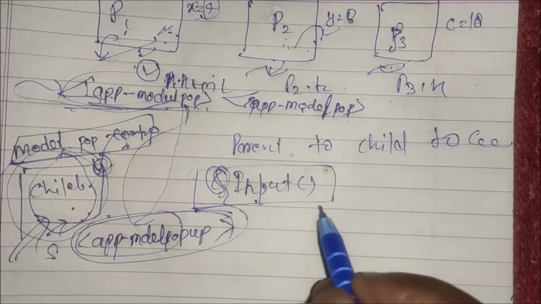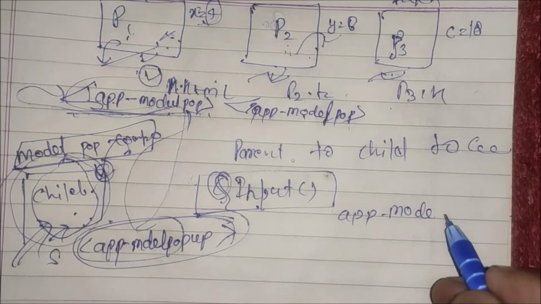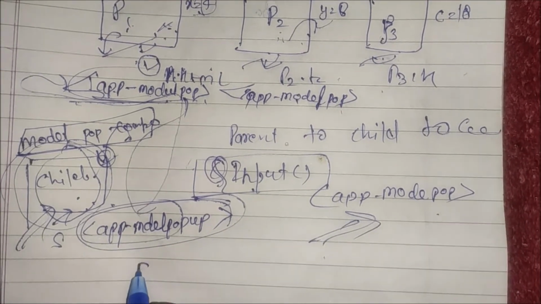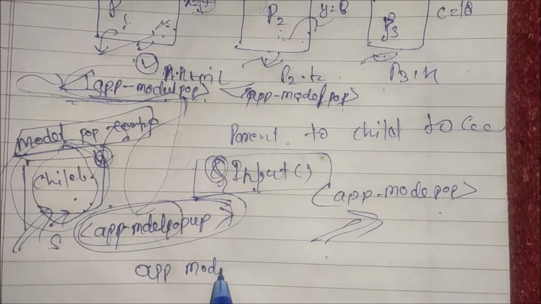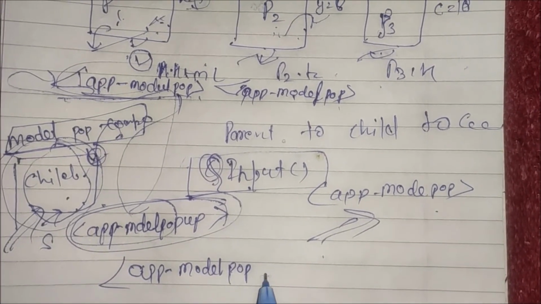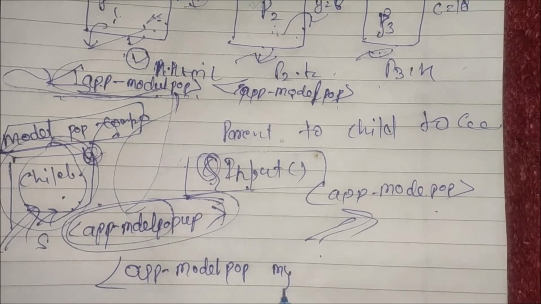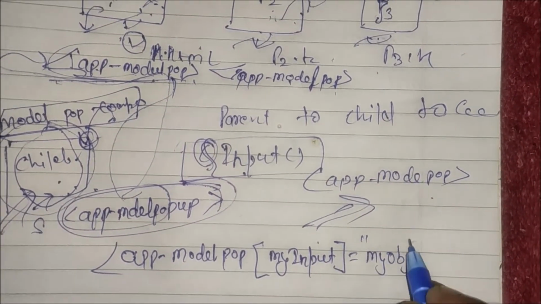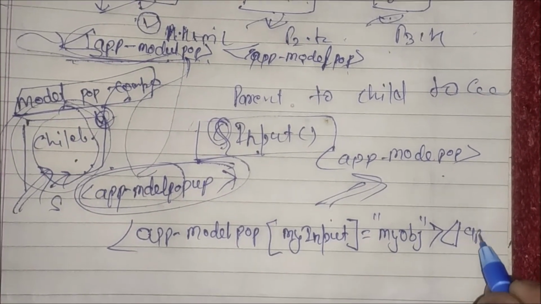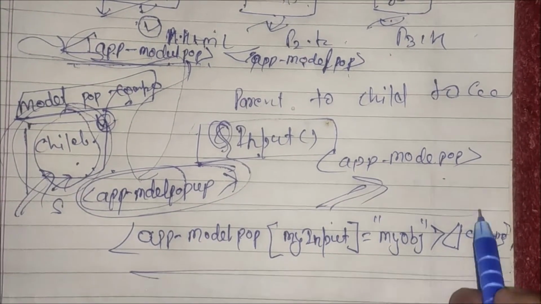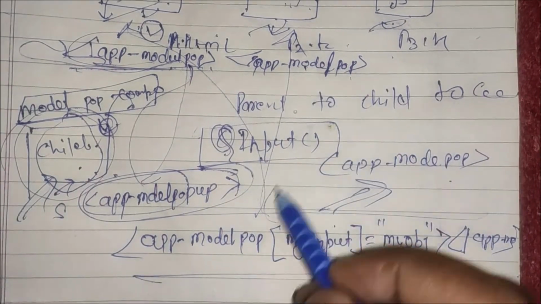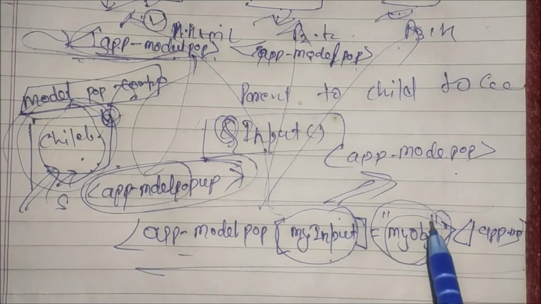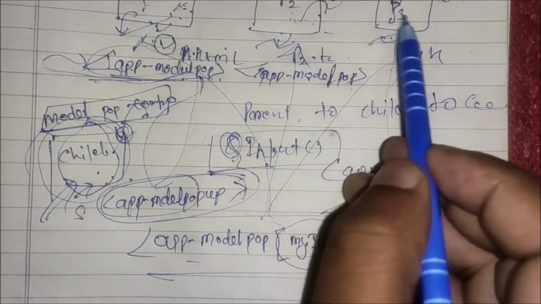When I call this HTML from P1, and similarly P2 and P3, the pop-up HTML is called automatically. And in app-model-pop-up we use a dynamic value like that. You can see here app-model-pop-up, and we set the value with my input in this format, equal to the set value, my object set dynamically, and after that close the app-model-pop-up tag. We use this line in all these parent component HTMLs, and my input value comes from my object, which I get from the P1, P2 and P3 components.